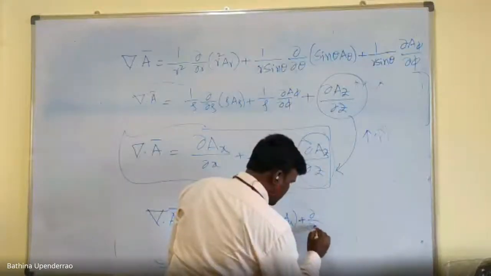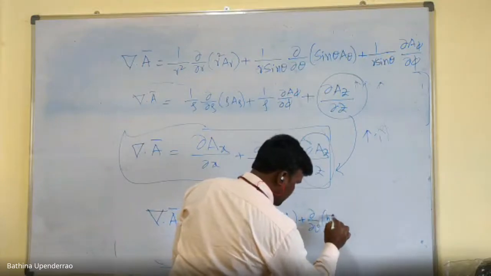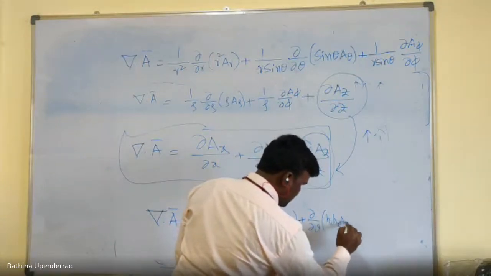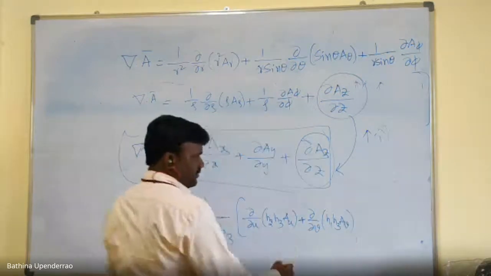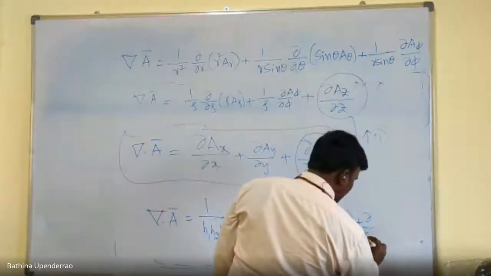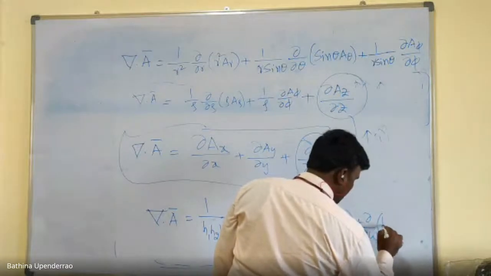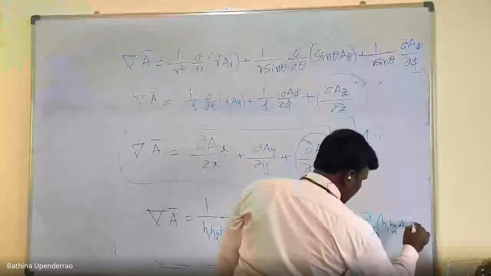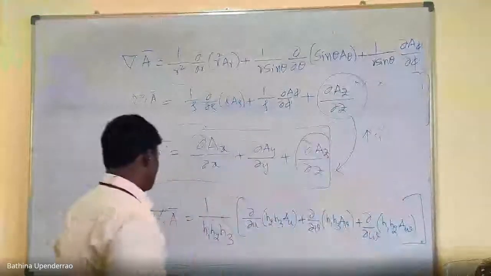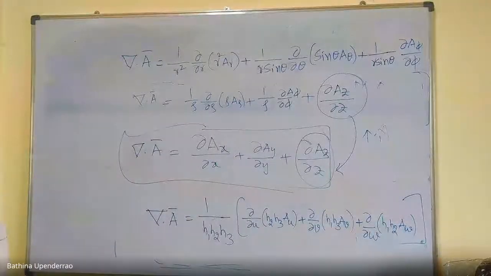Second element, dou by dou V of, except H2, multiplication of the remaining two, H1 H3, and the second element of the vector A. Last one, dou by dou W of, for the third element except H3, multiply H1 H2, and the third element of vector A. So this is all about the divergence of a vector. Thank you.